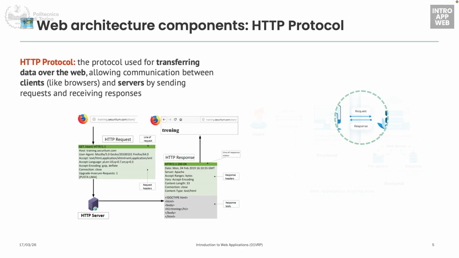And what are we expecting to get back from the server? A response. If I send polito.it, what am I expecting to get into my browser? The HTTP response, that is the page at the end.